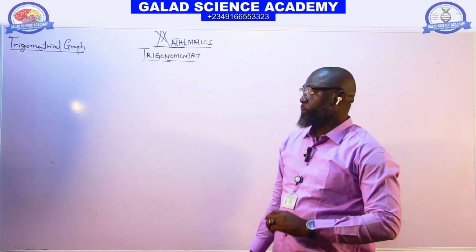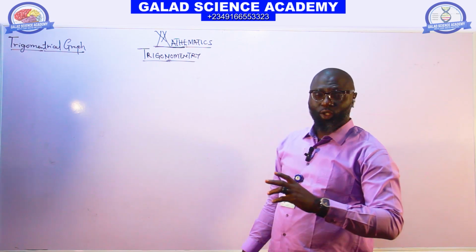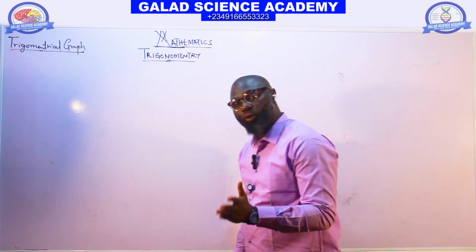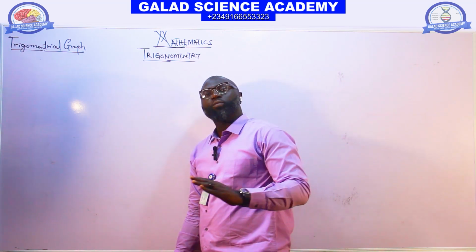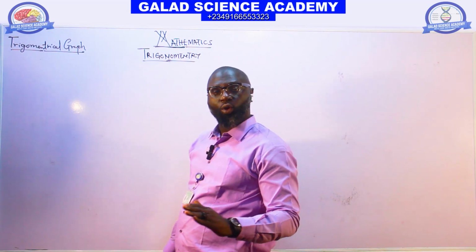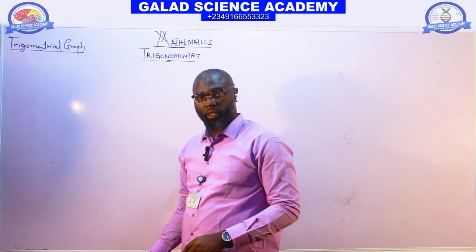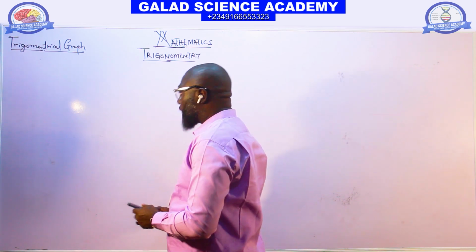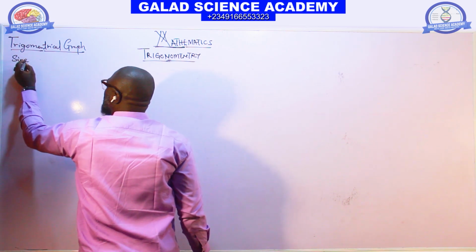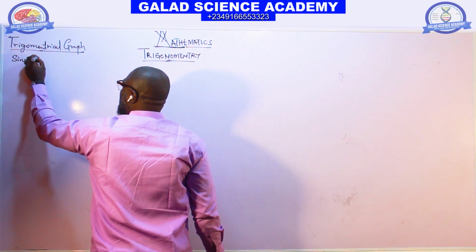The graph just shows us the behavior of how the angle changes from one form to another, or from 0 to 360. Let us look at it now.